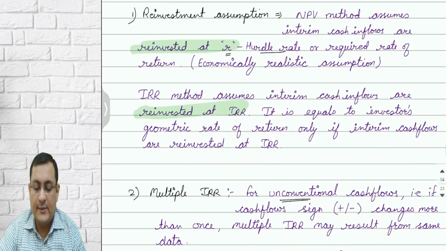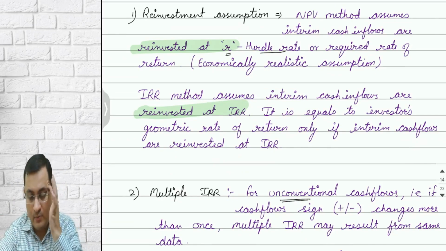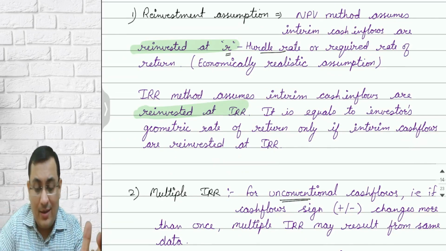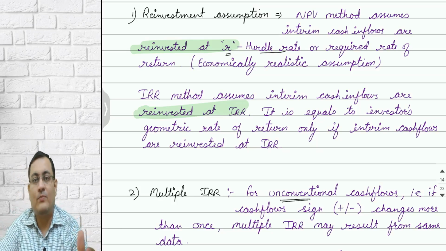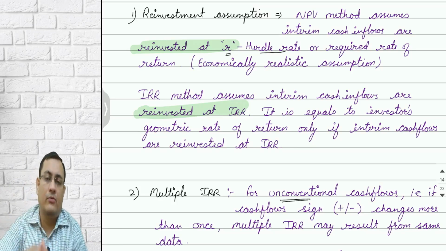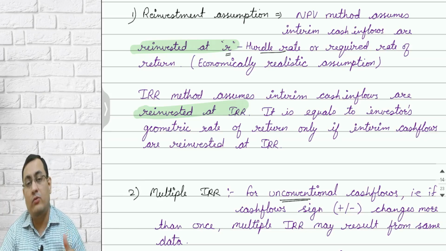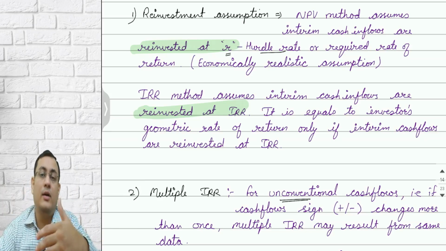And this particular assumption is called the reinvestment assumption, and we have already done it. And even in the case of unconventional cash flows, where cash flow changes sign again and again, meaning multiple outflows and multiple inflows are coming: year T0 outflow, positive, then outflow again, second positive, negative, third again positive, negative.